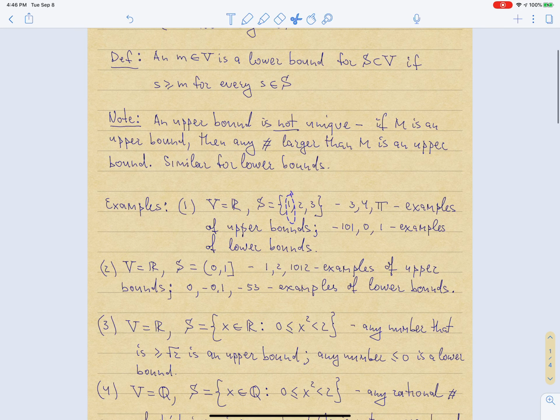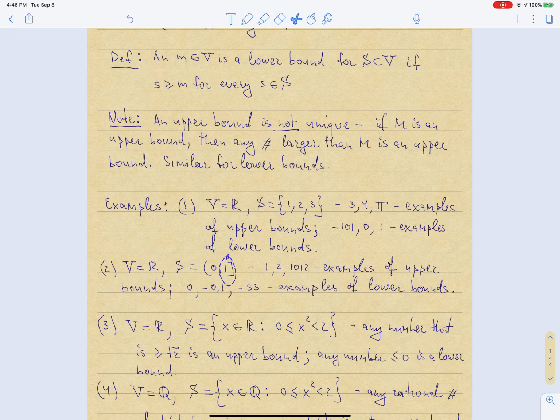Example number 2, still I'm going to consider a set of all real numbers. I take a subset, which is a half-open interval from 0 to 1. Remember that half-open interval means that I'm taking all numbers between 0 and 1, not including 0. So then again, the largest number here is 1.